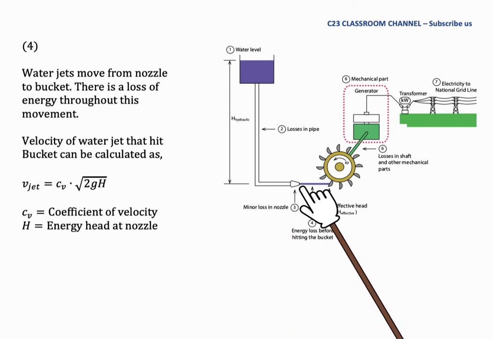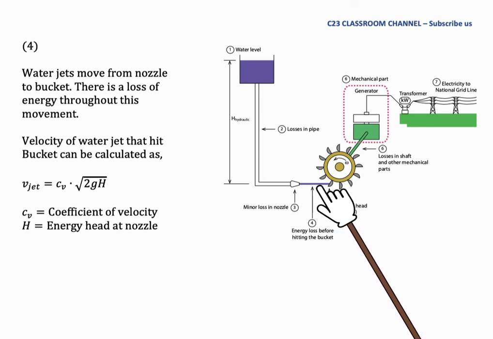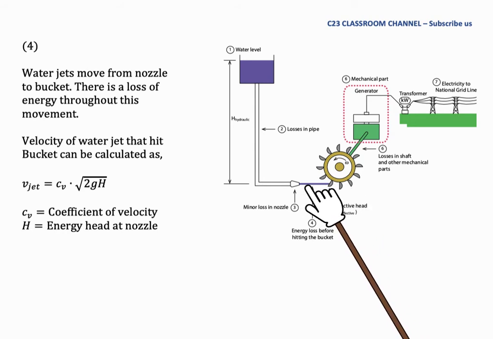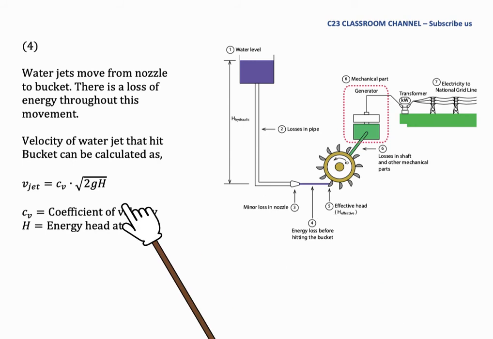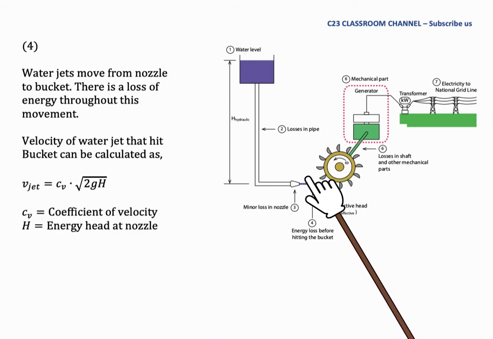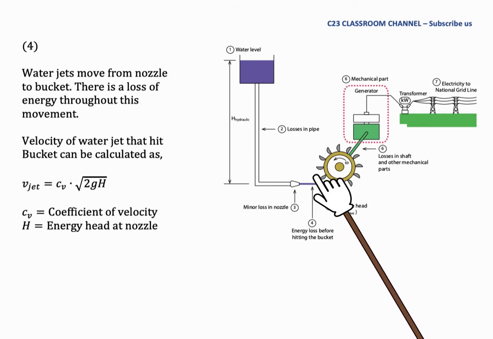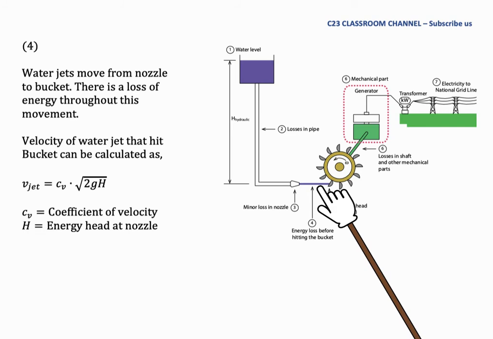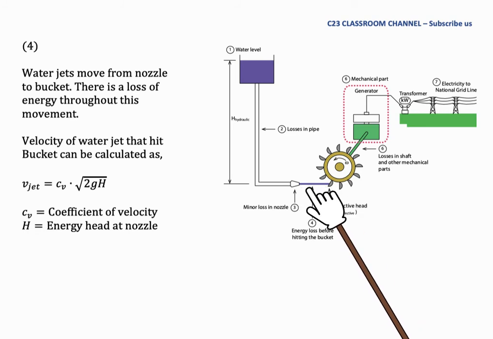The velocity that comes out from the nozzle now hits the blade, and we call this the velocity of jet, because it travels in atmospheric pressure and becomes a water jet.